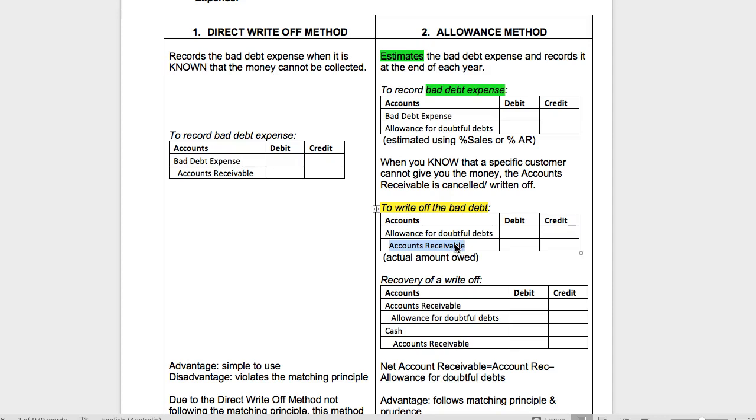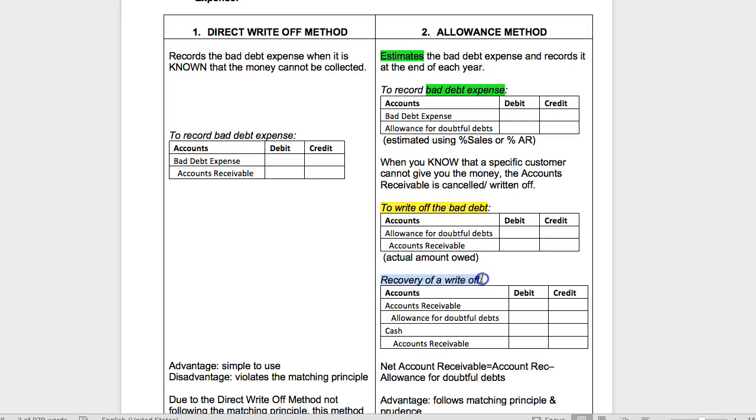The purpose of this journal entry is to cancel the accounts receivable. Because you know that you cannot collect the cash, then that accounts receivable is not a real asset for you anymore. There's no future benefit. You're not going to receive anything. So we need to cancel it. The number that you use here is the actual amount owed by that customer.